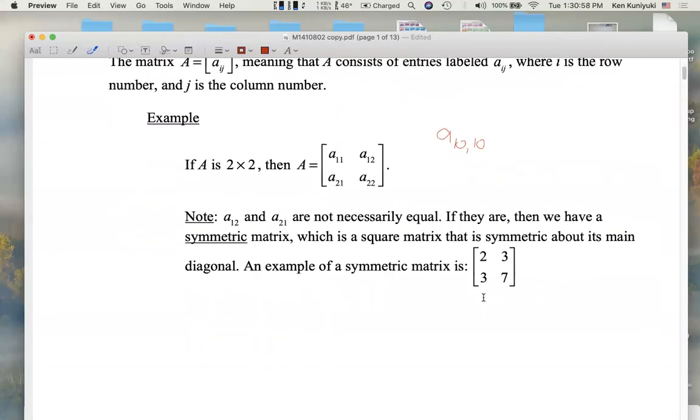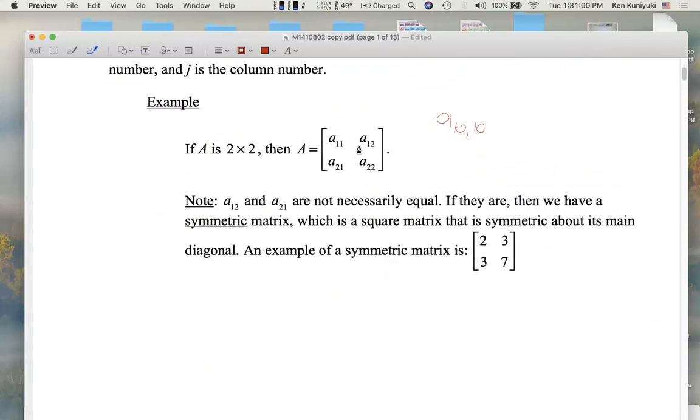Now, A sub 1, 2 and A sub 2, 1 are not necessarily equal. If they are, then we have a symmetric matrix. Here's an example of a symmetric matrix, which is extremely important in higher math and linear algebra. Not so much in our class.